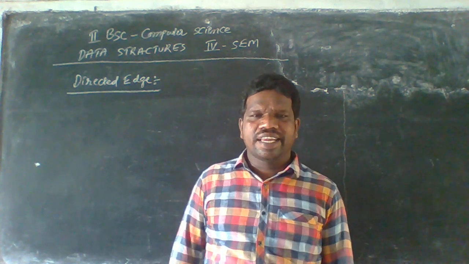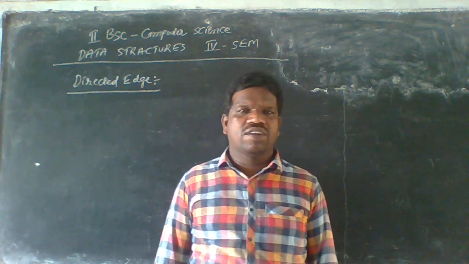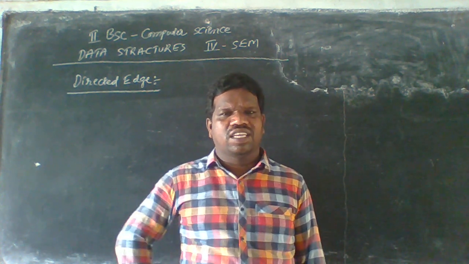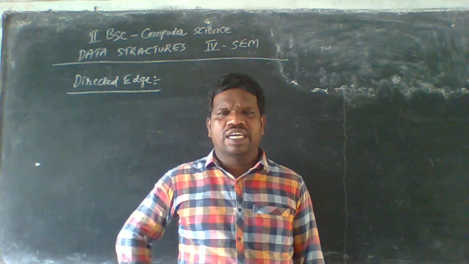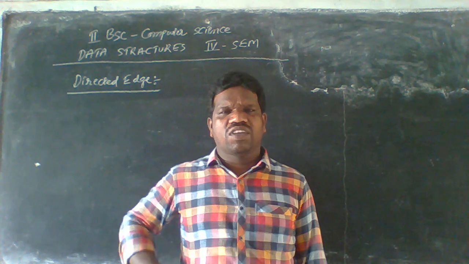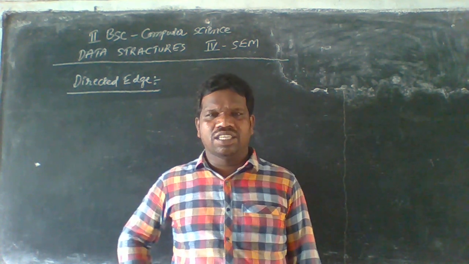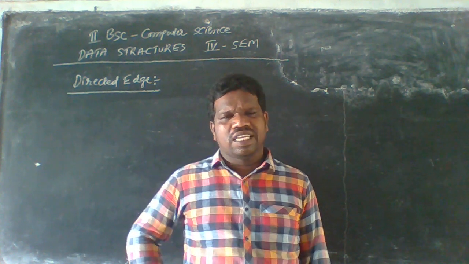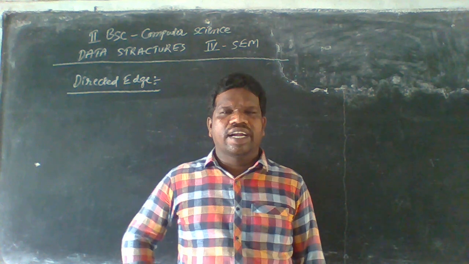If your edge does not follow any direction, we call it an undirected edge here. And when the edge has a direction, we simply call it a directed edge here.